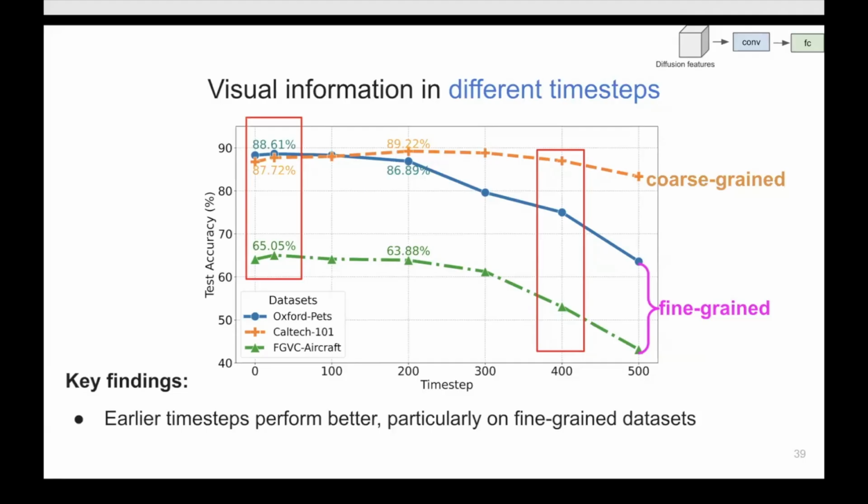So one thing that we observed, blue and green are fine grained. The drop is sharper with the amount of noise for finer grained datasets.